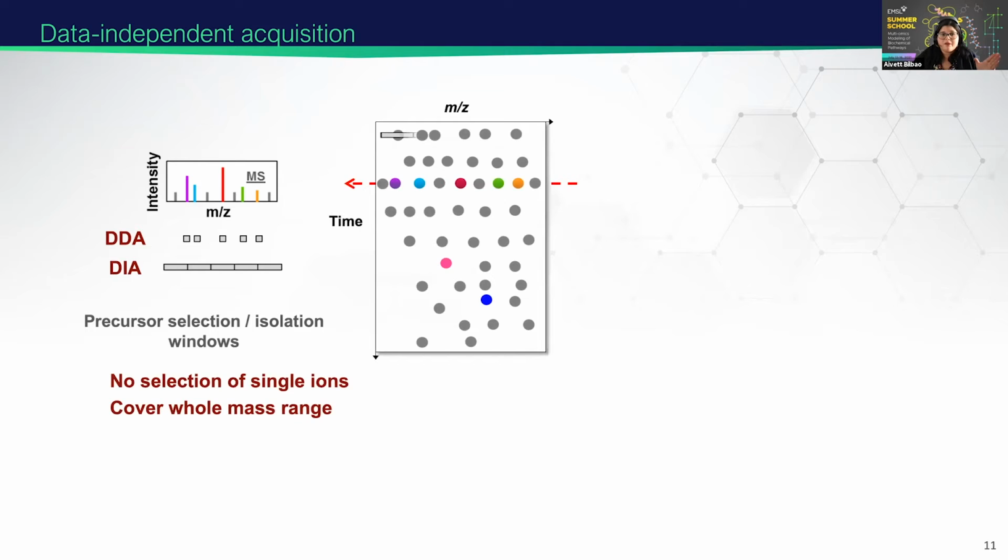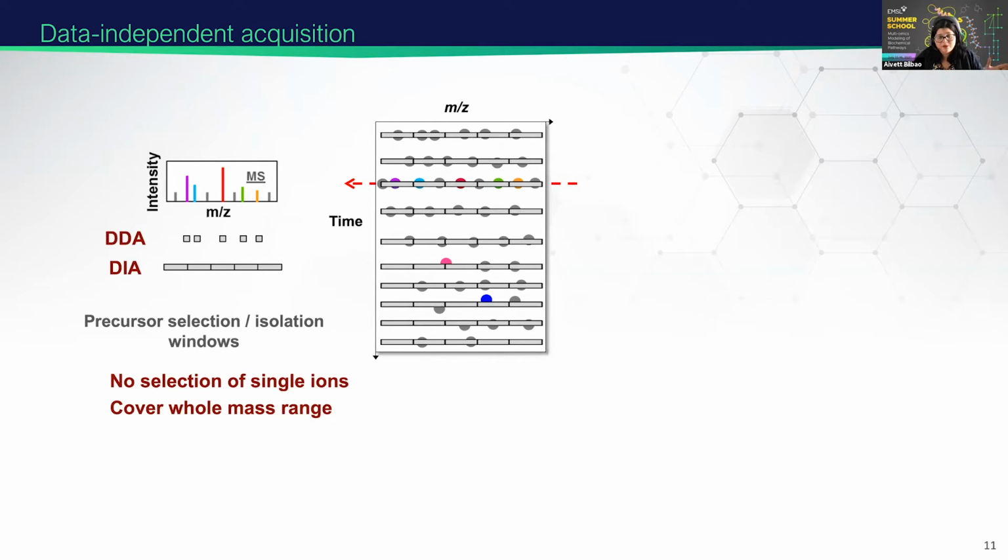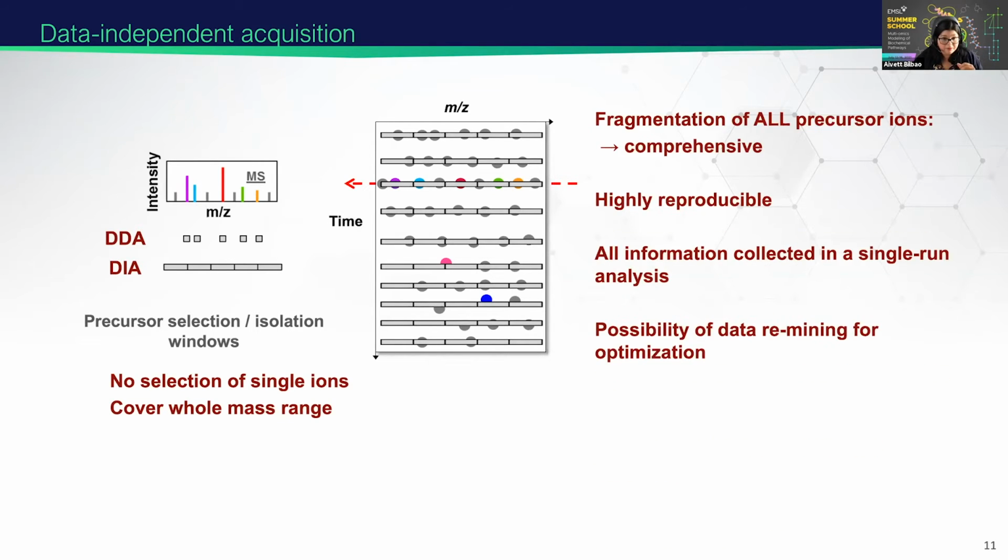In this way, we can program the instrument to collect systematically fragment ion spectra across these isolation windows, and create a fragment ion digital map of all the signals coming out from that sample to characterize the sample.